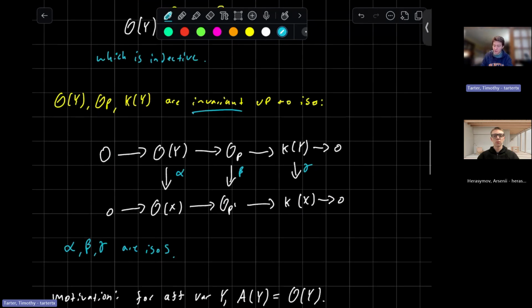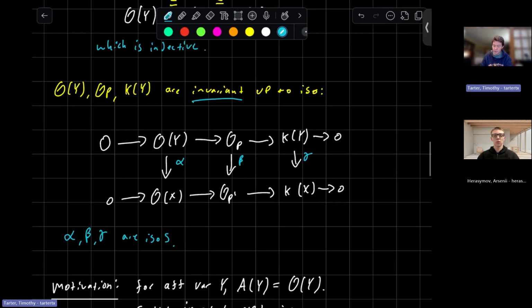And then the three of these things are invariant up to isomorphism, meaning that we can swap out the variety. And basically, if two varieties are isomorphic, like X isomorphic to Y, and maybe I should write that in, if X is isomorphic to Y, then their rings and fields are the same.